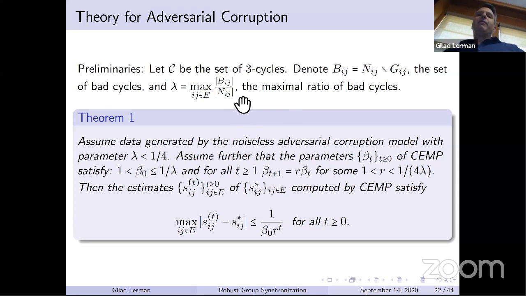Now let's look at the fraction of bad cycles over all cycles for edge ij, and let's take the maximum of this among all edges, and we call it lambda, which is the maximal ratio of bad cycles. So the theorem says that if this ratio is bounded by 1/4, then you get this nice convergence to the desired solution.